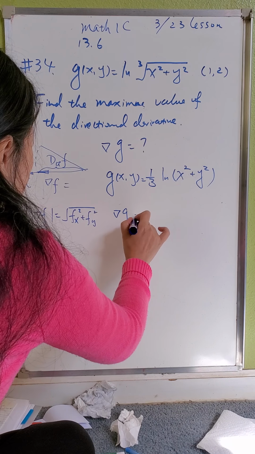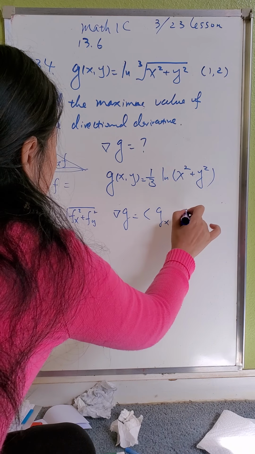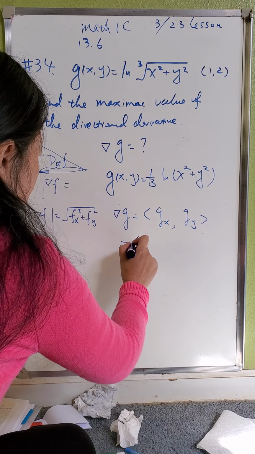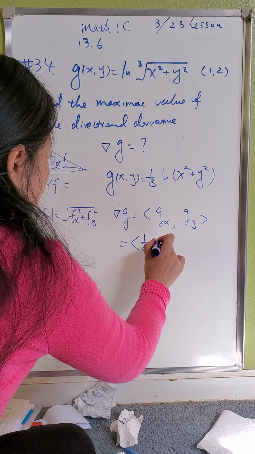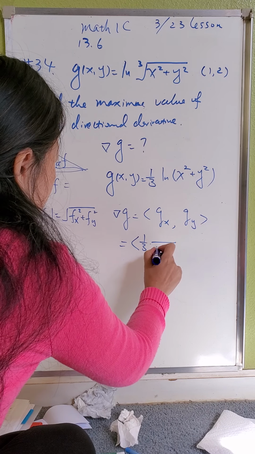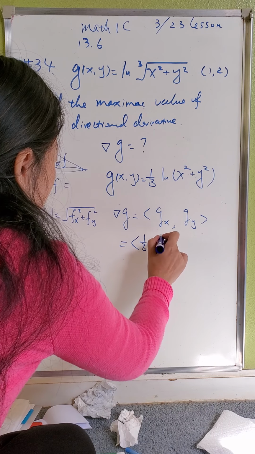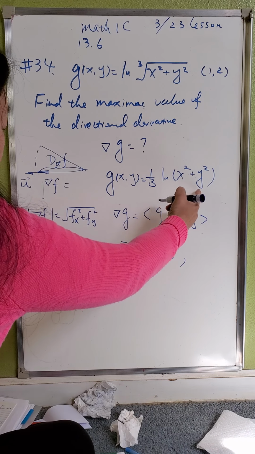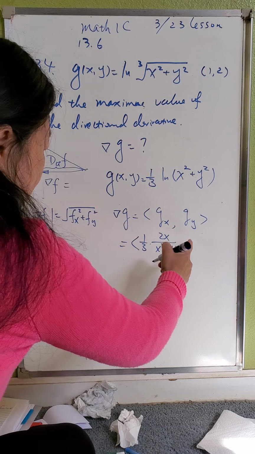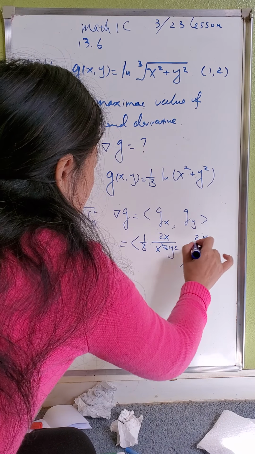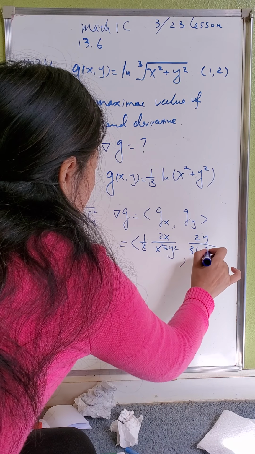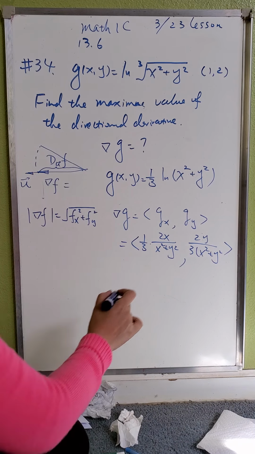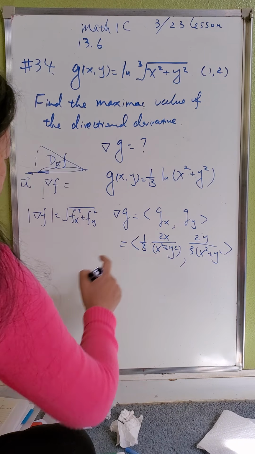Del g equals g of x, g of y. And g of x is equal to 1/3 times 1 over x squared plus y squared, and then 2x. And then you can see the same format for x and y, so therefore the second will be the same. So this is for the first one.